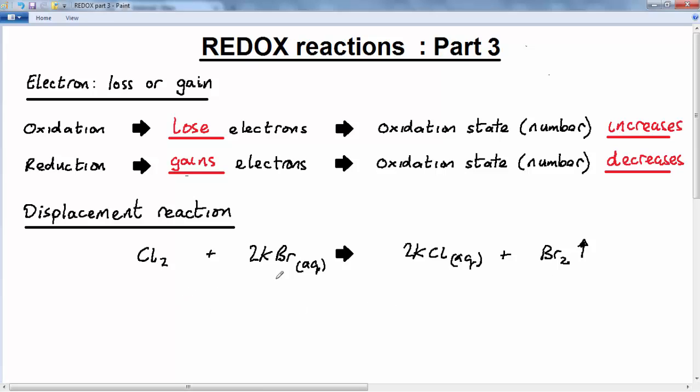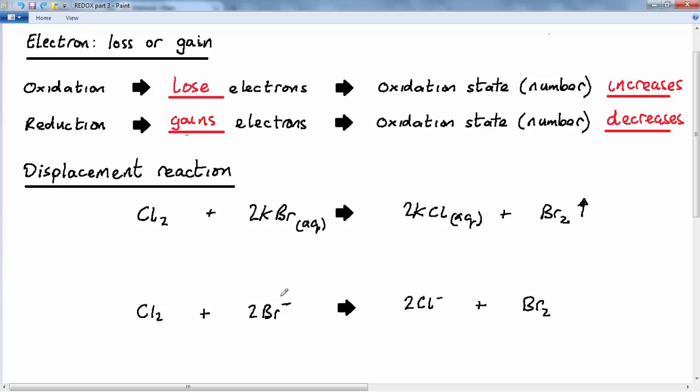So to understand this displacement reaction in terms of loss or gain of electrons, again we'll look at the ionic equation. You can see in this case that the bromide ion is being oxidized. That means it's losing an electron to have its oxidation state increased. It's increasing from -1 to 0.